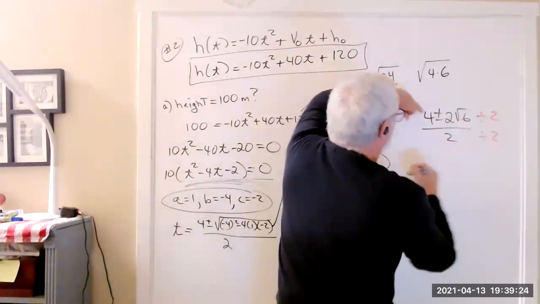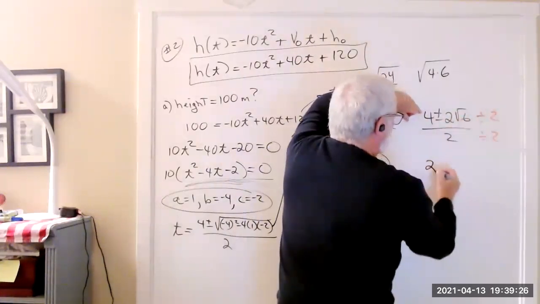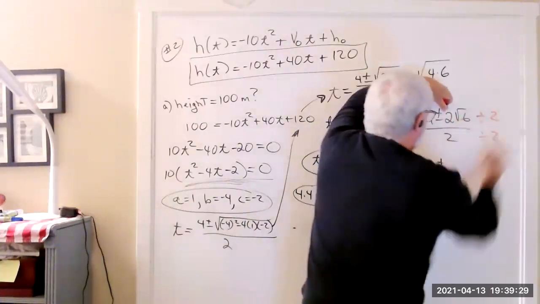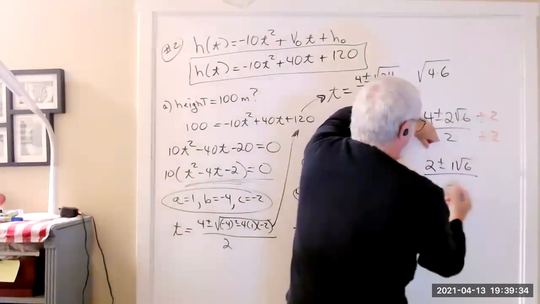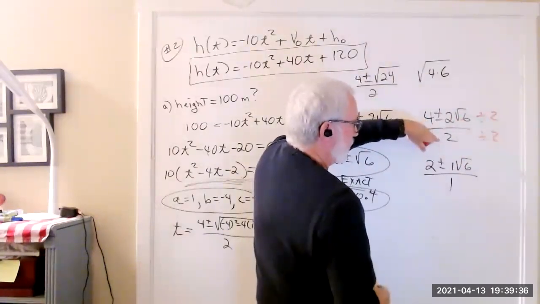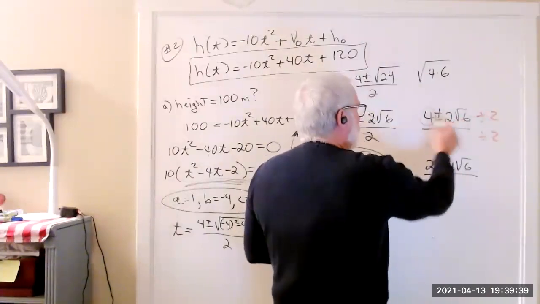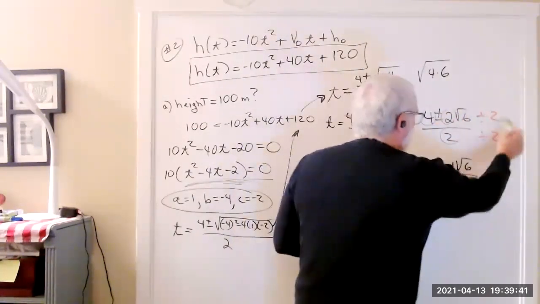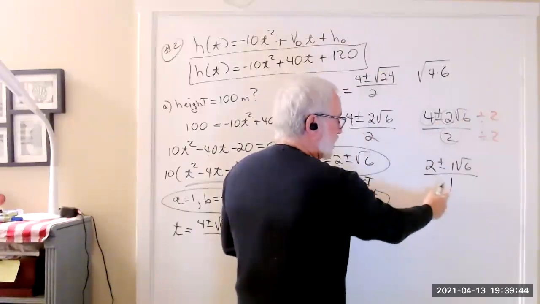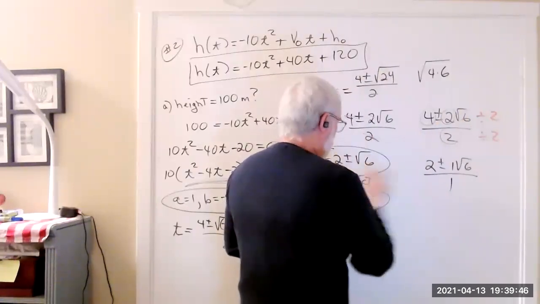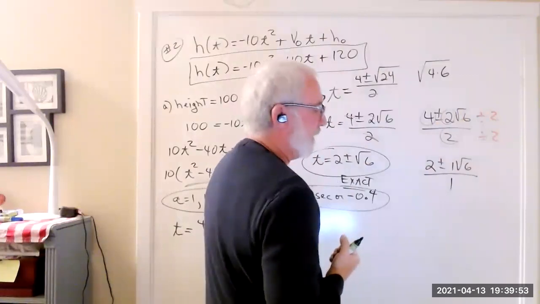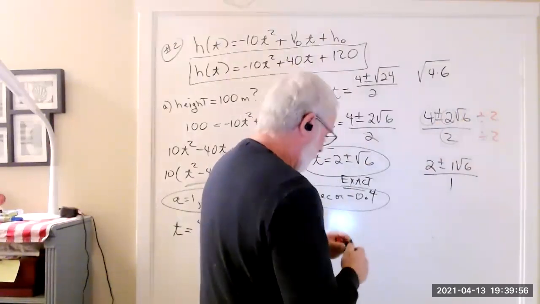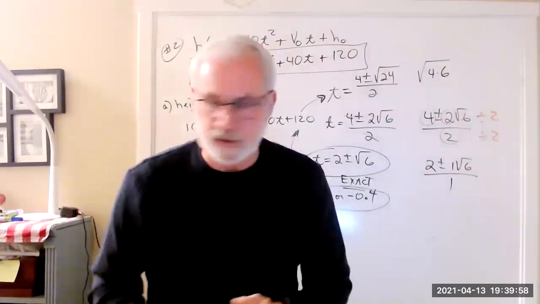So 4 divided by 2 is 2. 2 divided by 2 is 1, radical 6. Over 2 divided by 2 is 1. So I'm dividing the 4, the 2, and the 2 all by 2. I see it now. How it was turned to 1 and then you took the ones out because you don't need them, that kind of threw me off. That becomes a good question. Is that okay with everybody?